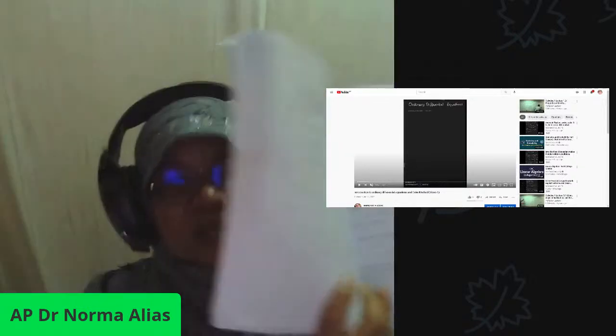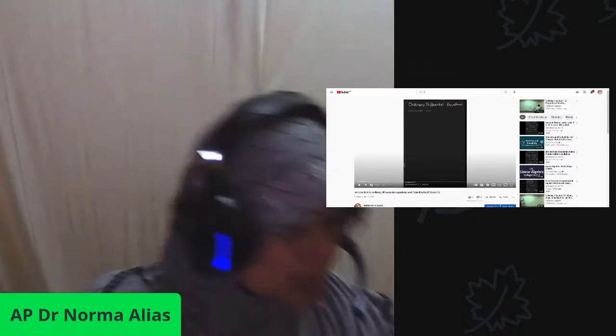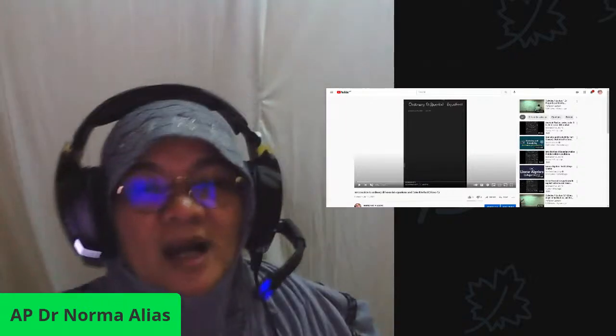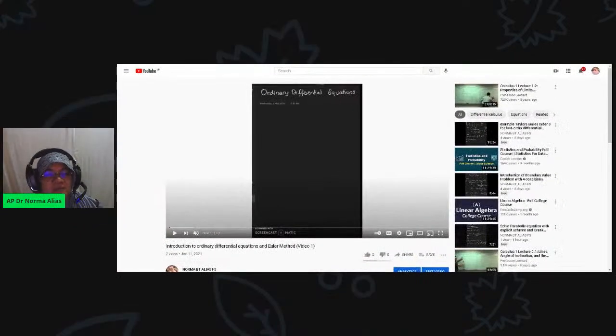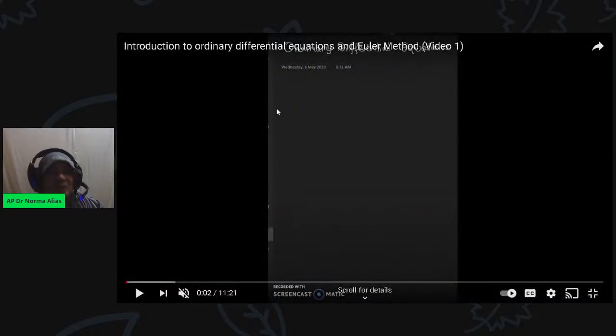Page 8, ordinary differential equation. Why is ordinary differential equation very important? Why do we need to learn ordinary differential equation? This is a question we need to answer. Because most of the physical problems nowadays are based on two types: ordinary differential equation or partial differential equation.